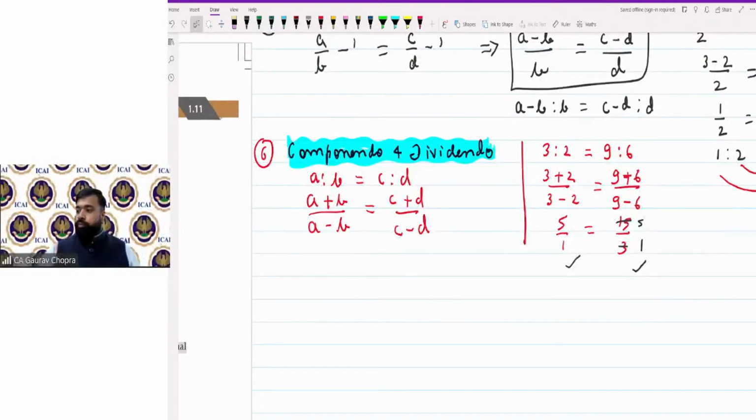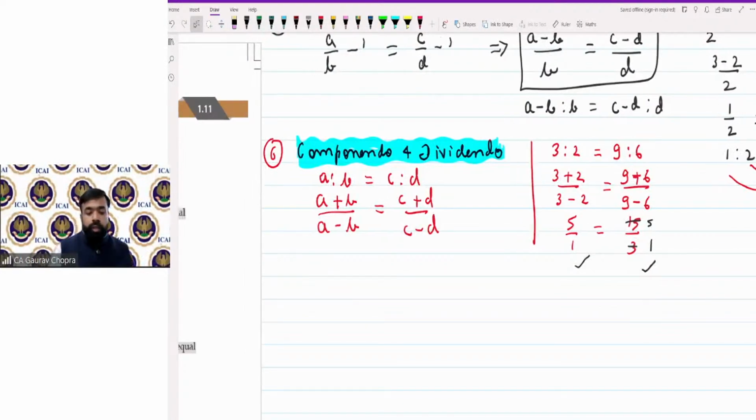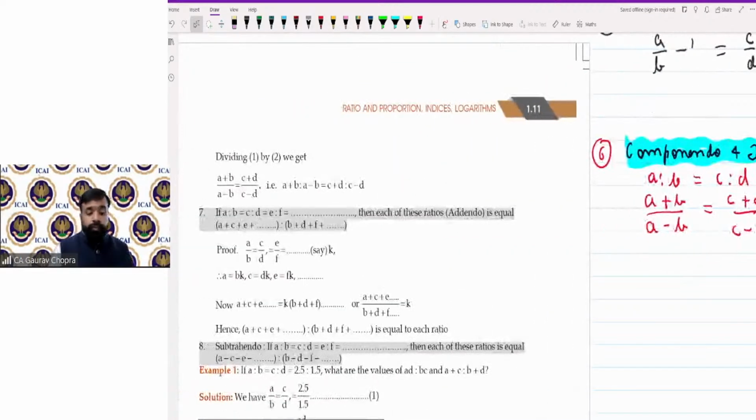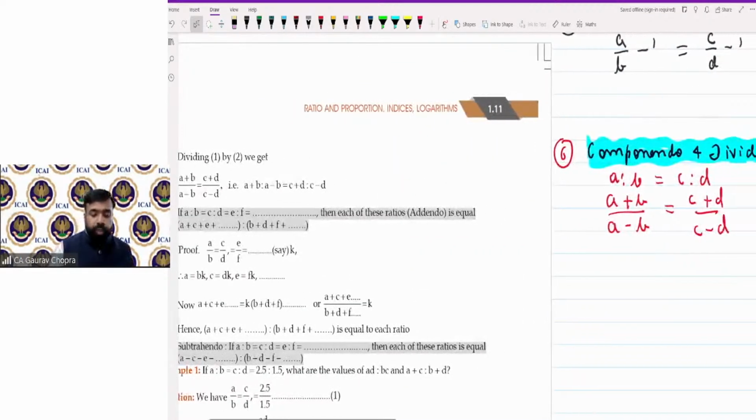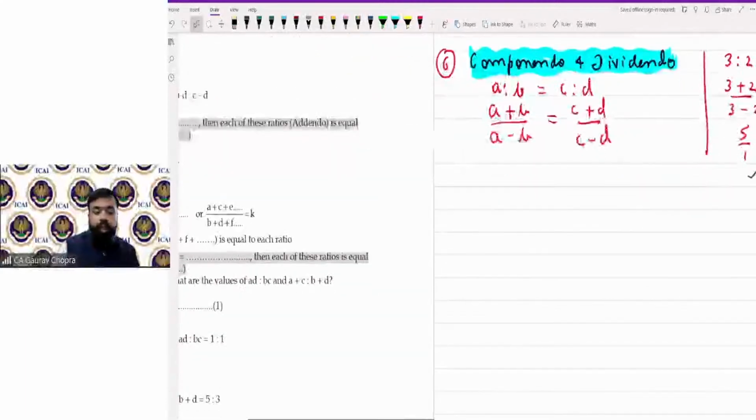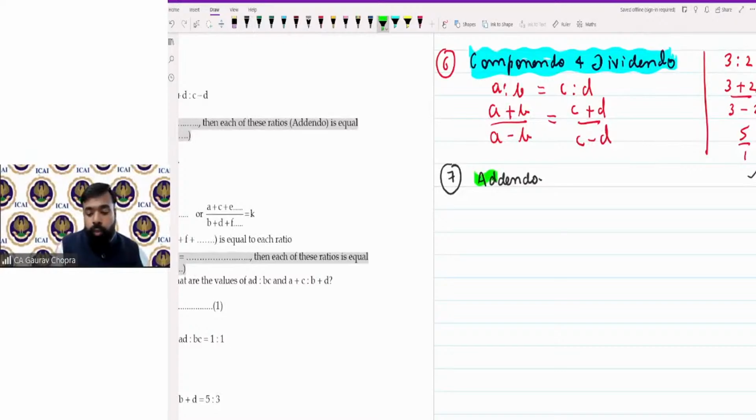Then next one is addendo. Next property is addendo, number 7. Now, how to apply this addendo? Let us understand.